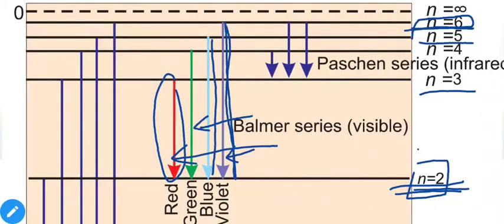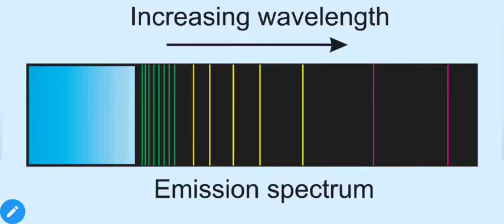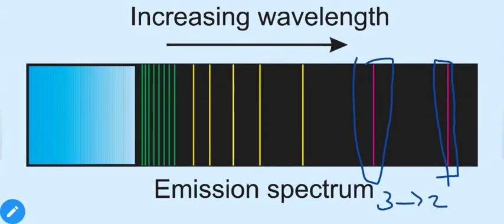Now let us go back to the emission spectra. From this emission spectrum of hydrogen, we can say that the red line may represent the transition of an electron from 3 to 2. That means the initial principal quantum number is 3 and final is 2.